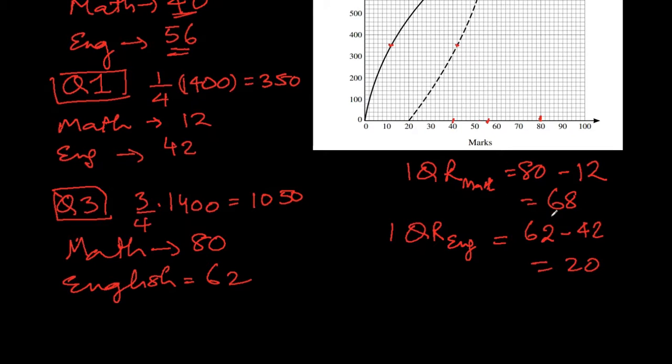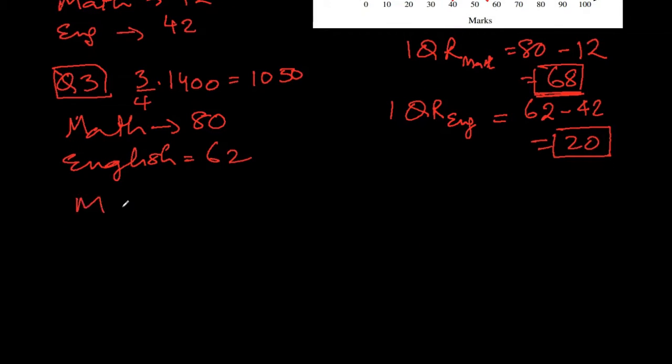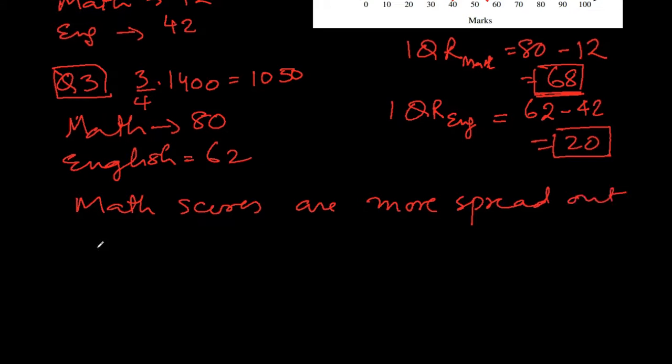Now we have to make statements. We can see that here the interquartile range is quite high, and here the interquartile range is very, very close. That means mathematics scores are more spread out than English.